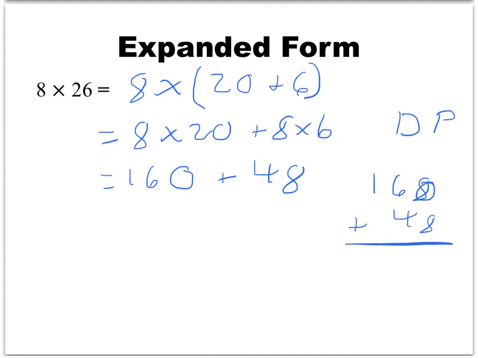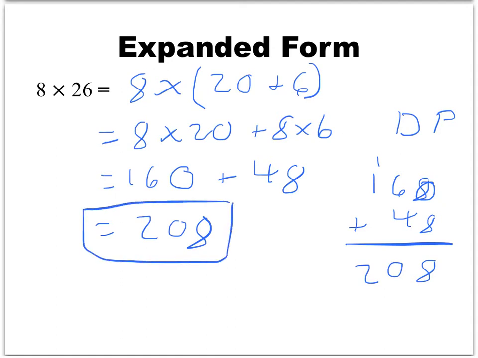We add the 0 plus 8 is 8, and then 4 and 6 is 10, so 0 and carry the 1, and we get 208. This is our answer, 208. That's the same answer that we got using the standard algorithm. We just did this in a little bit different way.